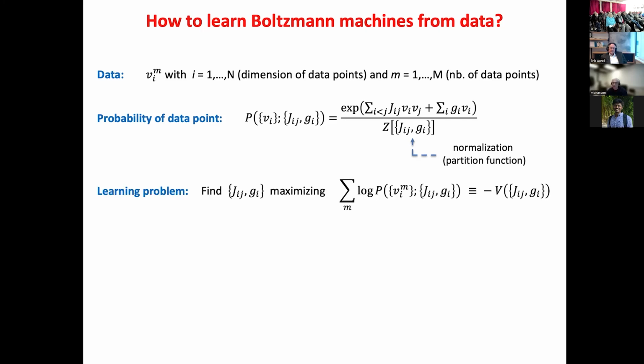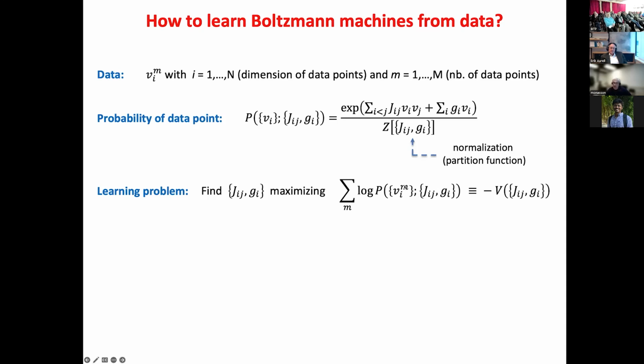What we do is some kind of maximum likelihood inference, as people call that in machine learning, which simply means that we would like to maximize the product of the probabilities of the different data items, or if you take the log, the sum over all data items of the log of the probability, which I have written here.